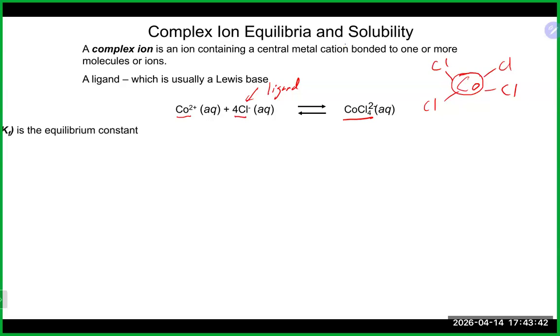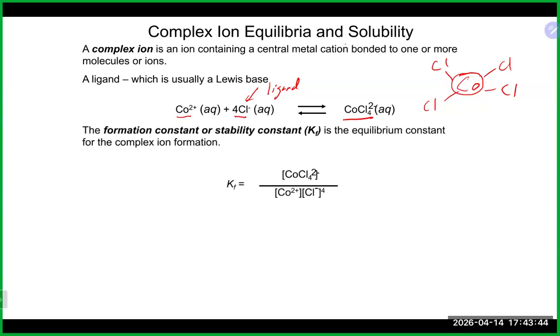We can actually write an equilibrium expression for this, and to add to our ever-growing list of Ks, this is what is known as the Kf, or the formation constant. It is the equilibrium constant for complex ions. It is no different than any other equilibrium constant, and we write the expression the same way: products over reactants, still using our coefficients.